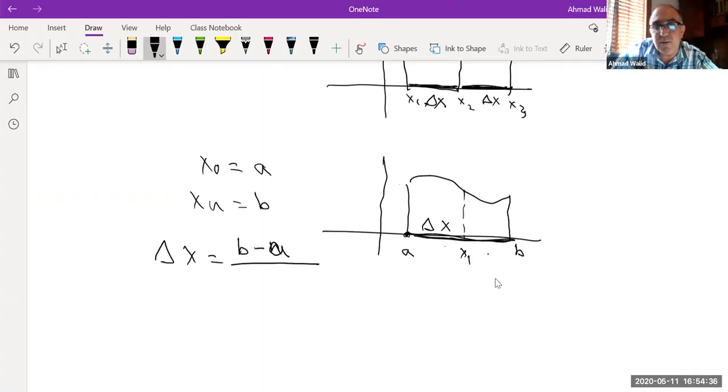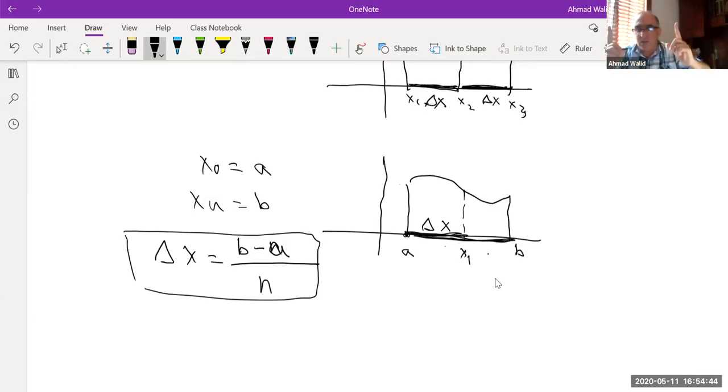That will be your formula to find the delta x, or to find this width. How much is this width? Take the total interval, divide by the number of rectangles. They will tell you divide in 4 equal pieces, divide in 8 equal pieces, 10 equal pieces. That gives you this small portion.